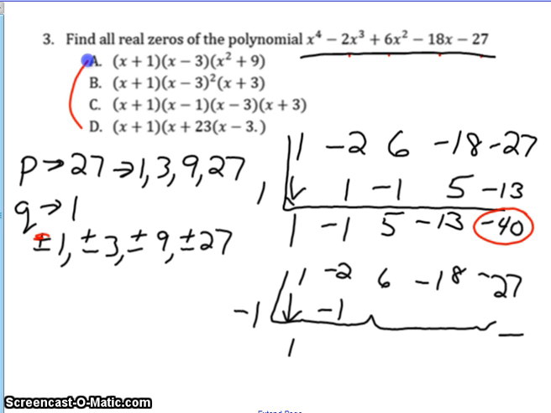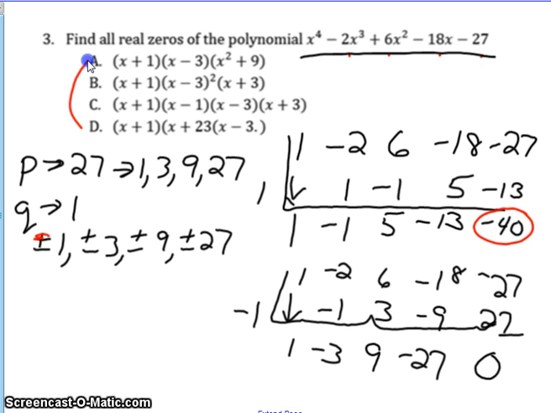Negative 2 plus a negative 1. Negative 3 times negative 1. 6 plus 3. 9 times negative 1. Negative 18 plus negative 9. Negative 27 times a negative 1 is positive 27. And negative 27 plus positive 27 is 0.